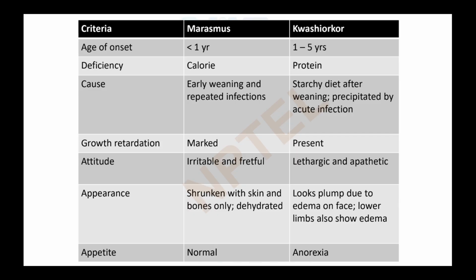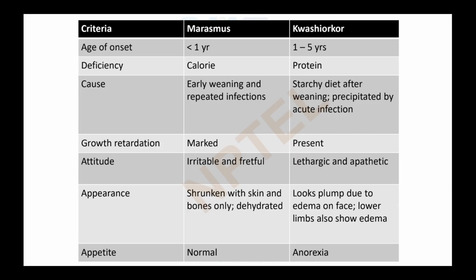The appearance becomes very shrunken in marasmus because it's a calorie deficient malnutrition type. The person becomes dehydrated, whereas in kwashiorkor the person looks plump due to edema on the face, from accumulation of fluids in the tissue.